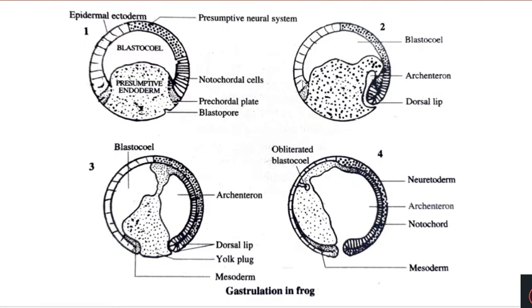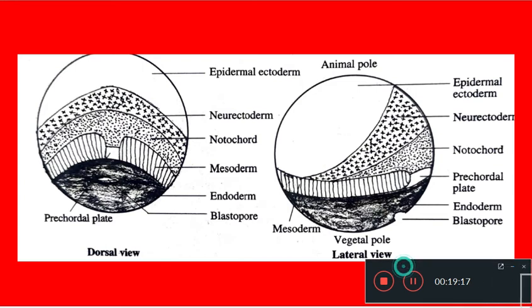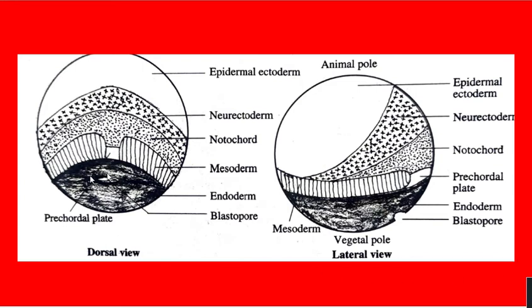So first what happens is the pharyngeal endoderm, which is seen just above the blastopore. It will roll over the dorsal lip of the blastopore. For that we will again have a look at the pharyngeal endoderm.